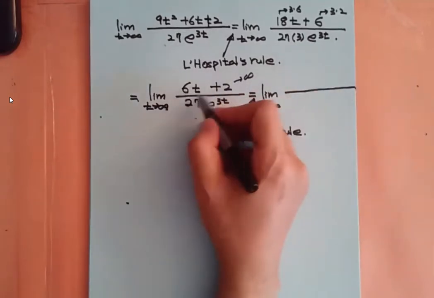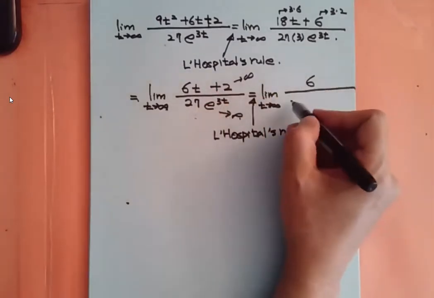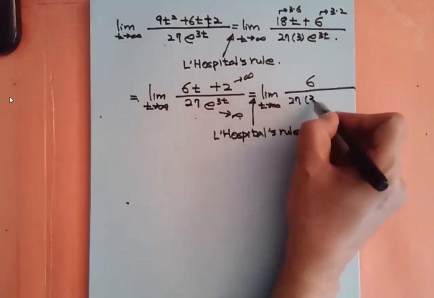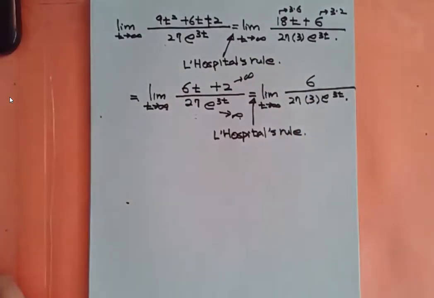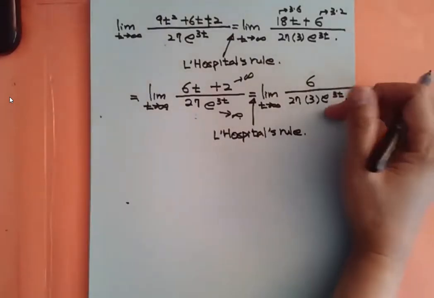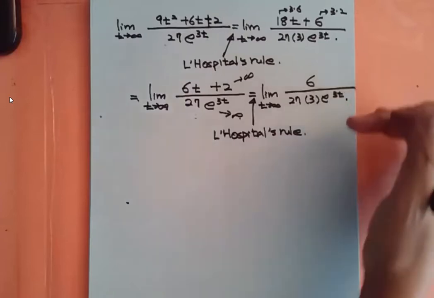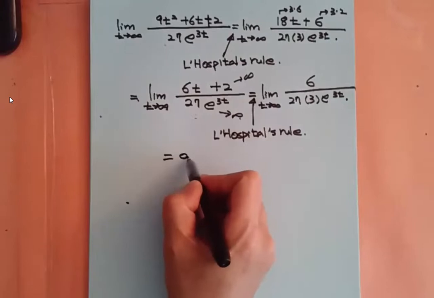So if we differentiate, then that is 6 on the numerator and 27 times 3 times e to the 3t. And then the numerator is a fixed number and the denominator will increase indefinitely. So that means the entire fraction will go to 0.